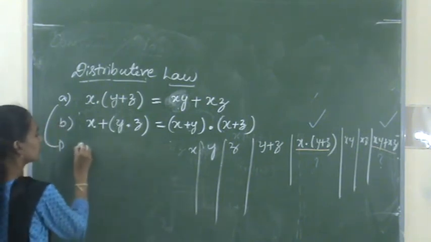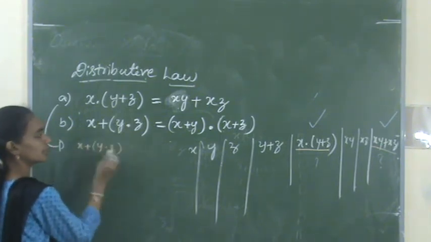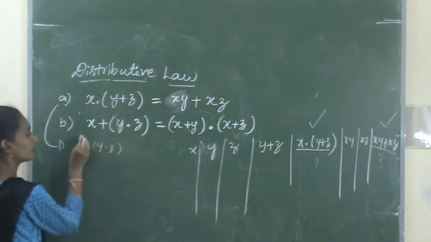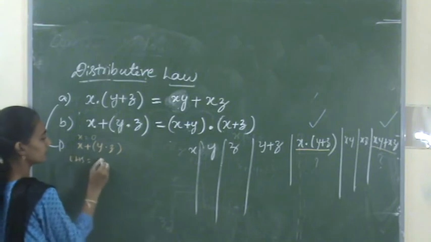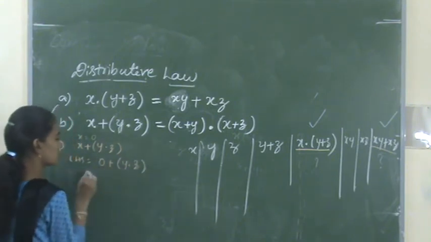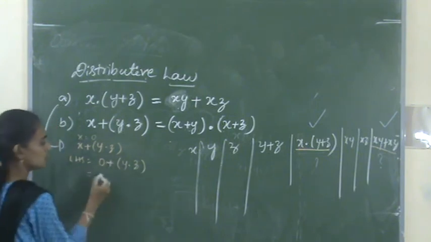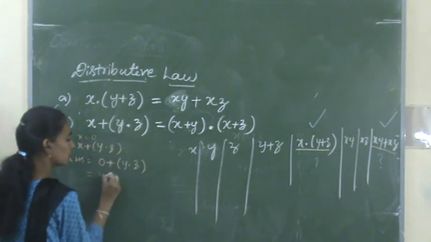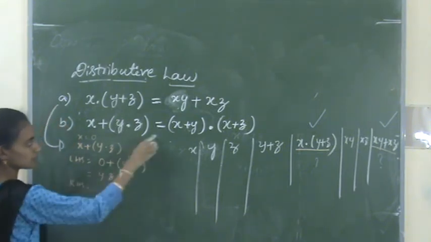That is x plus y into z, right? So if I am taking x value as 0, so LHS, that is 0 plus y into z. So 0 plus means we are performing OR operation. So we get y into z. So if I am taking RHS, so what is RHS?